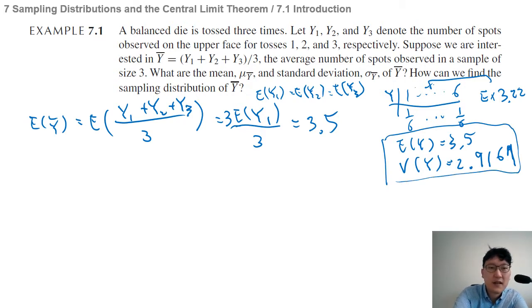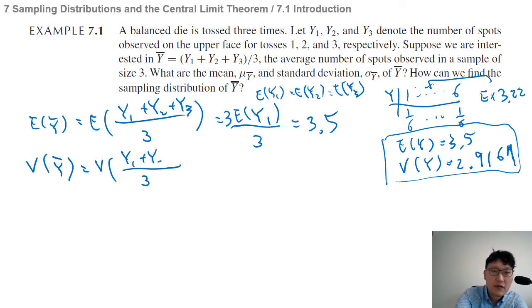And what would be the variance of y bar? Variance of y bar is the variance of one third times y1 plus y2 plus y3, and from the previous theorem, it's one ninth times 3 times variance of y1.